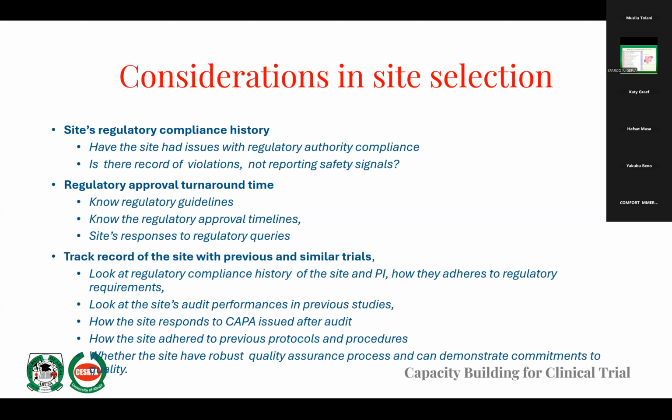There are some sites today where I can close my eyes and say, okay, we know their compliance history. They comply with most of the studies they've conducted. And there are some sites we know are high risk. Not all types of clinical trials can be conducted at those sites. So those are the issues that anybody who is selecting sites should be wary of, because you might get into a site that may not give you what you desired.